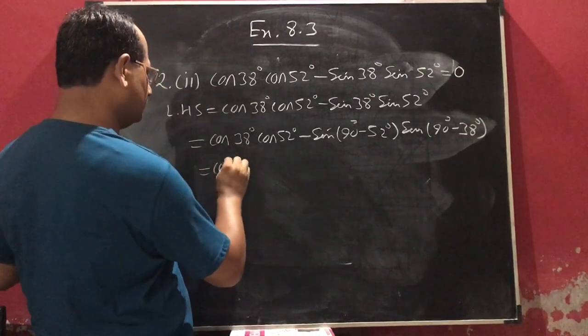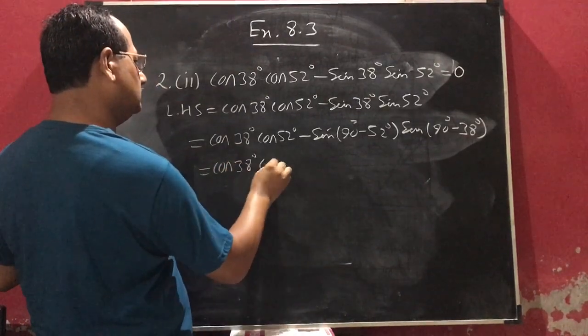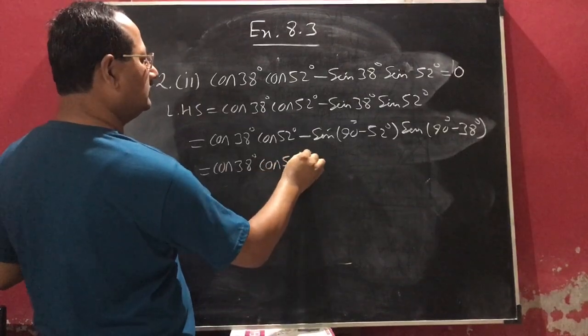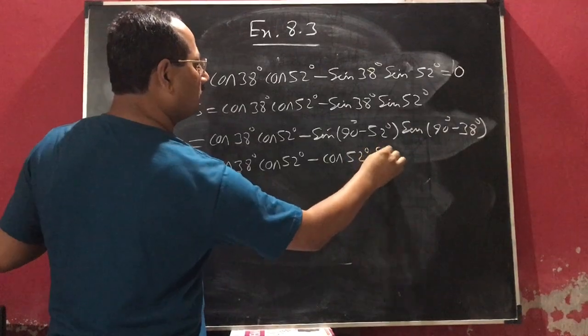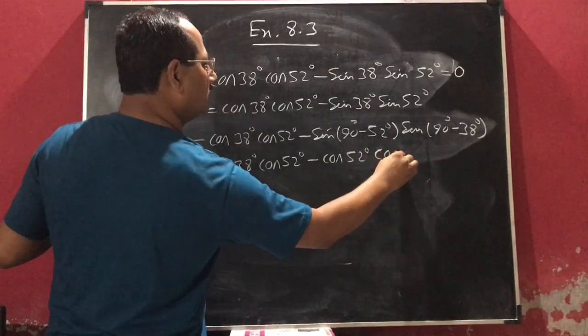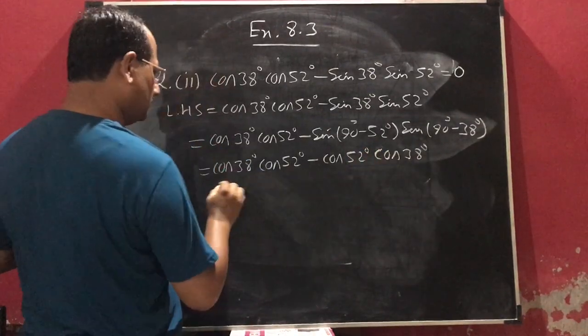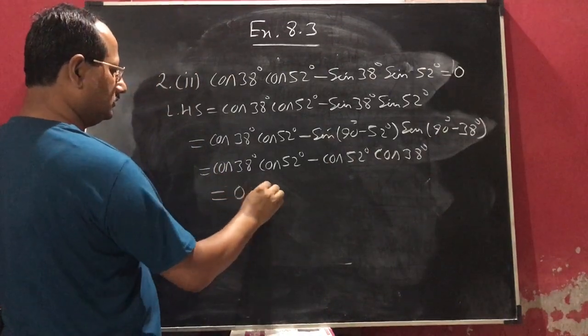So cos 38 degrees, cos 52 degrees minus cos 52 degrees, cos 38 degrees is equal to 0. So right hand side.